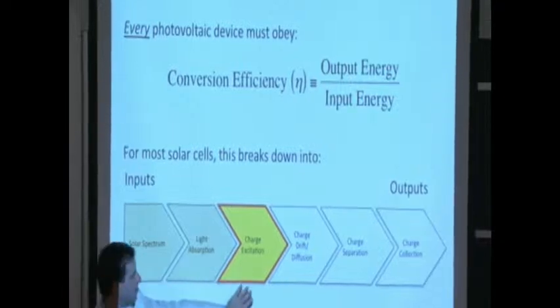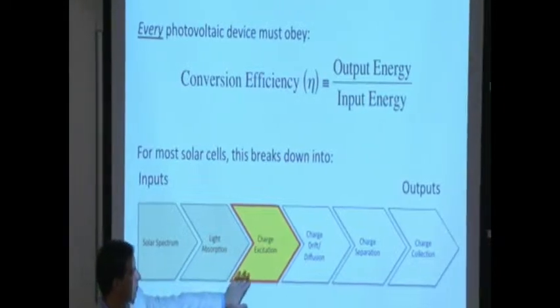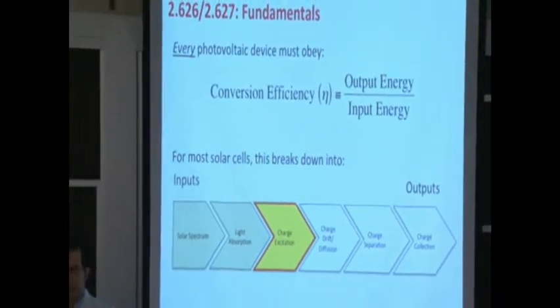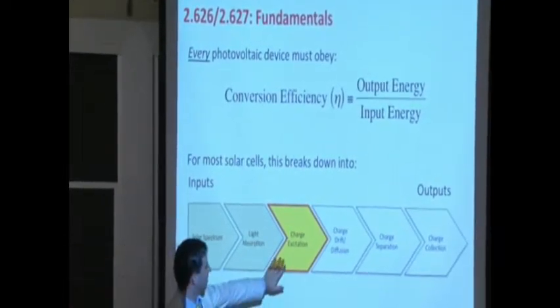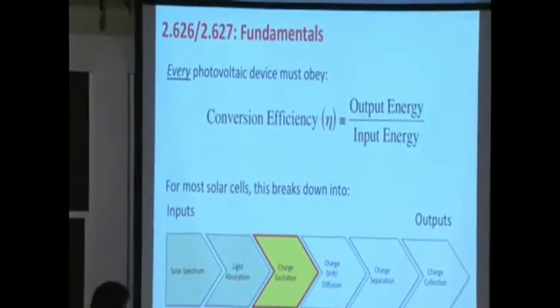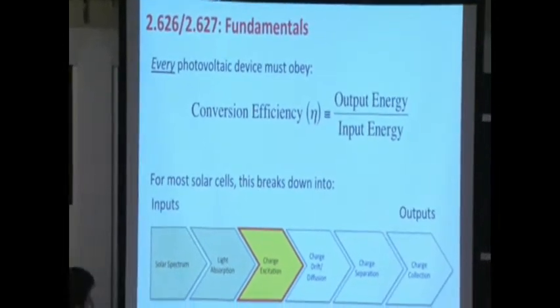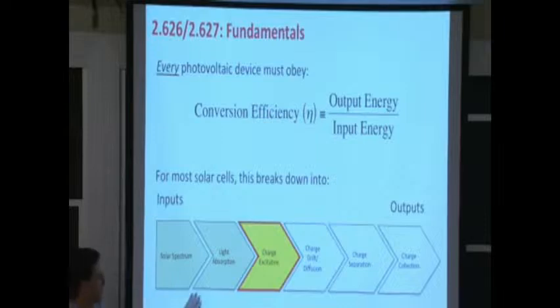And there are multiple processes that occur here in the middle. Light absorption we talked about last time. We're going to be talking about charge excitation and charge transport today, mostly charge excitation. So we're right here, and we're going to be marching steadily down toward the right over the next few lectures. And let me remind you, everybody, that the efficiency of the device is the product of each individual efficiency of each different step. So if anything is going wrong here, it will be limiting device performance.